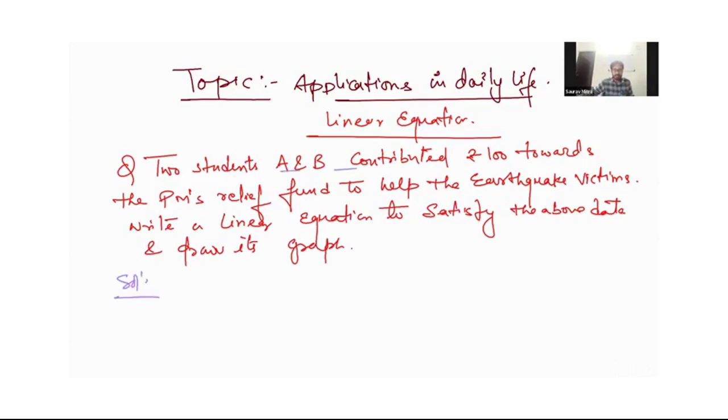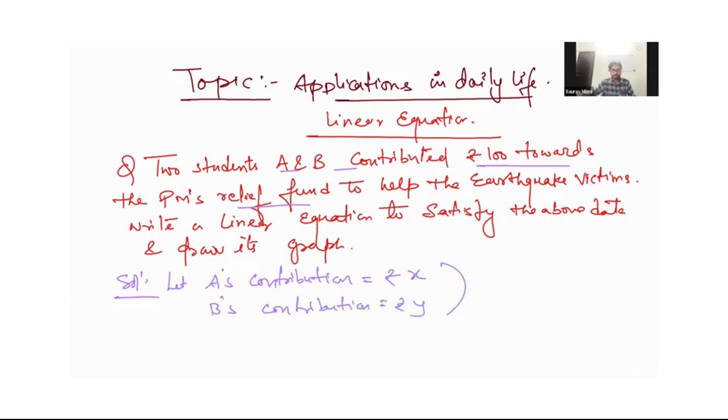Since two students A and B contributed rupees 100 towards this PM relief fund, let us assume that A's contribution be rupees X and B's contribution be Y. So it is X plus Y according to the question. The total contribution for A and B goes rupees 100. So this is your linear equation.